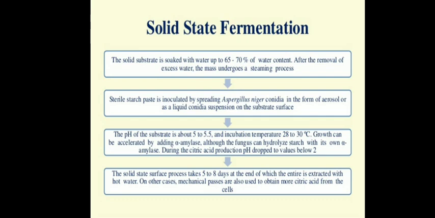This drop to pH 2 indicates the final step of citric acid production. This process is continued for 5 to 8 days.